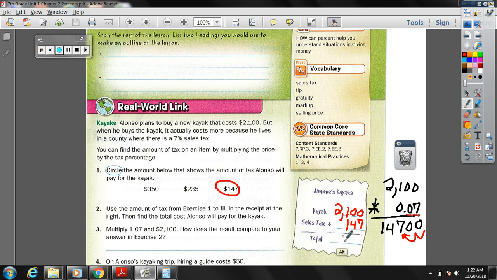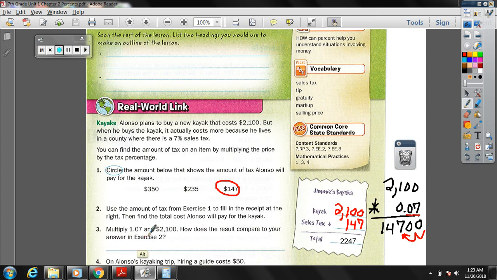When we add these together, we start from the right. 7, 4, 2, 2. We get a grand total of $2,247. So that is the grand total that Alonzo will pay for the kayak.